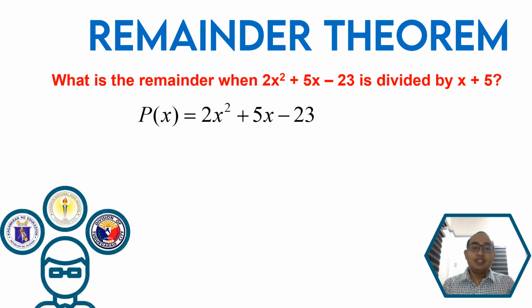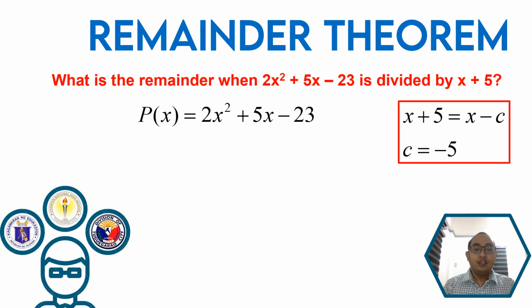Since we are interested in the remainder, we are going to replace x by negative 5, which is the value of my c. We have x plus 5, which is our divisor. That must be x minus c, so c must be equal to negative 5. So we replace x, I repeat, by negative 5.